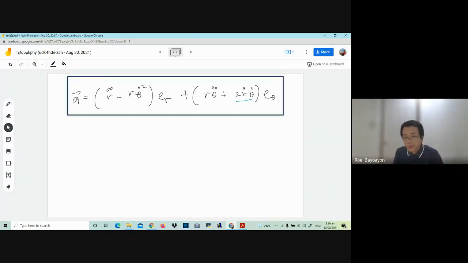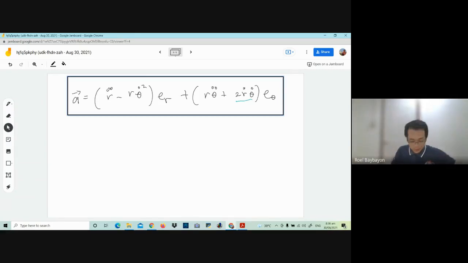And it has two terms: the radial acceleration and also the angular acceleration. Familiar na ni siya, naa na ni siya sa atong rotational motion nga part sa Physics 41.